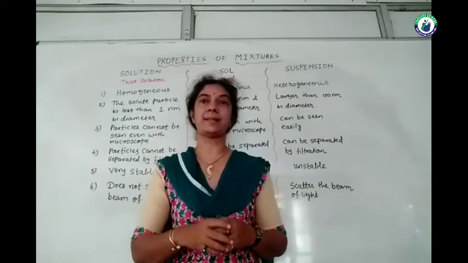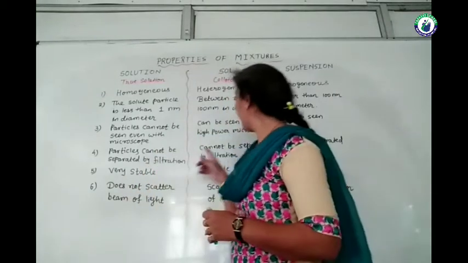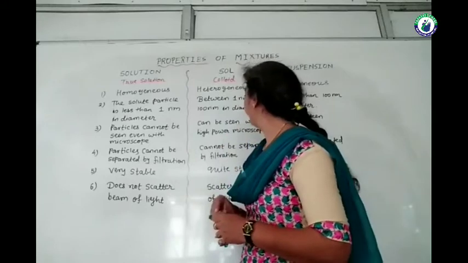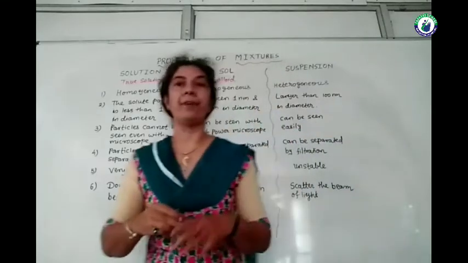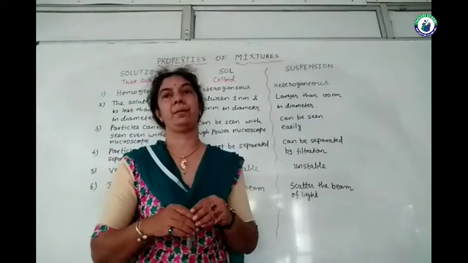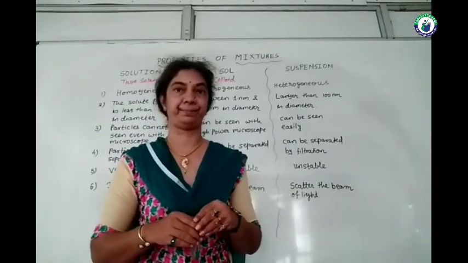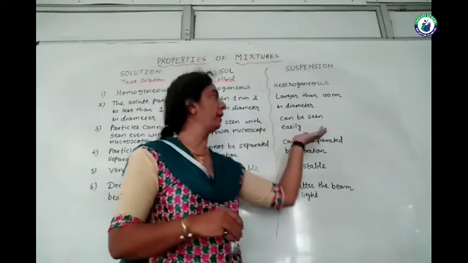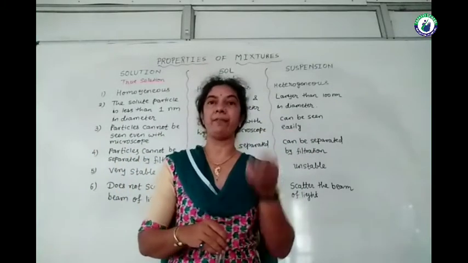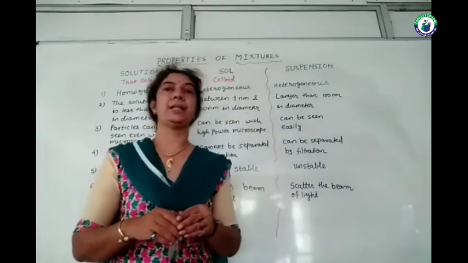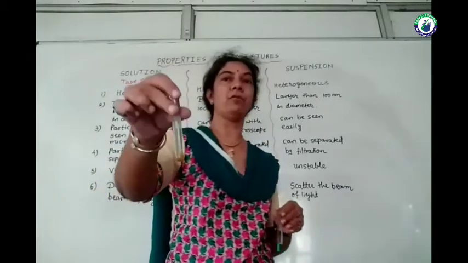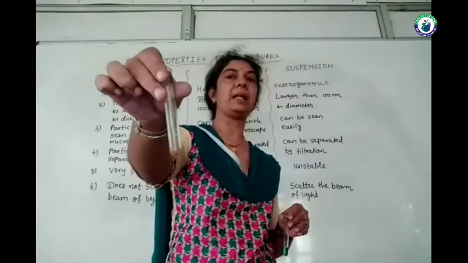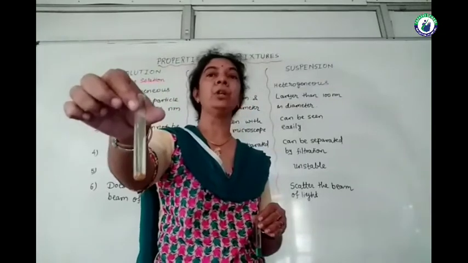For colloids, the particles can be seen only with very high power microscopes. But the suspension particles can be seen easily with the naked eyes also. As you can see over here, the particles are clearly separated from water.